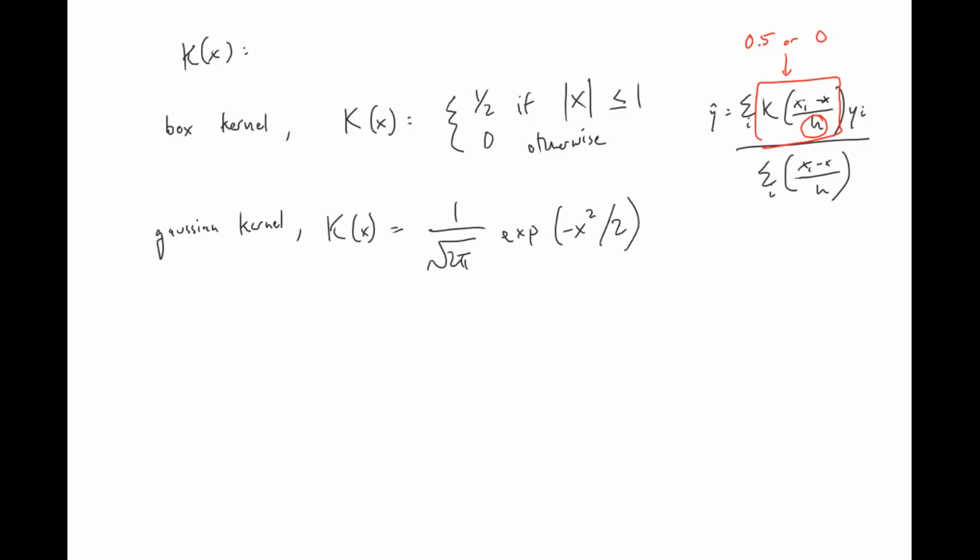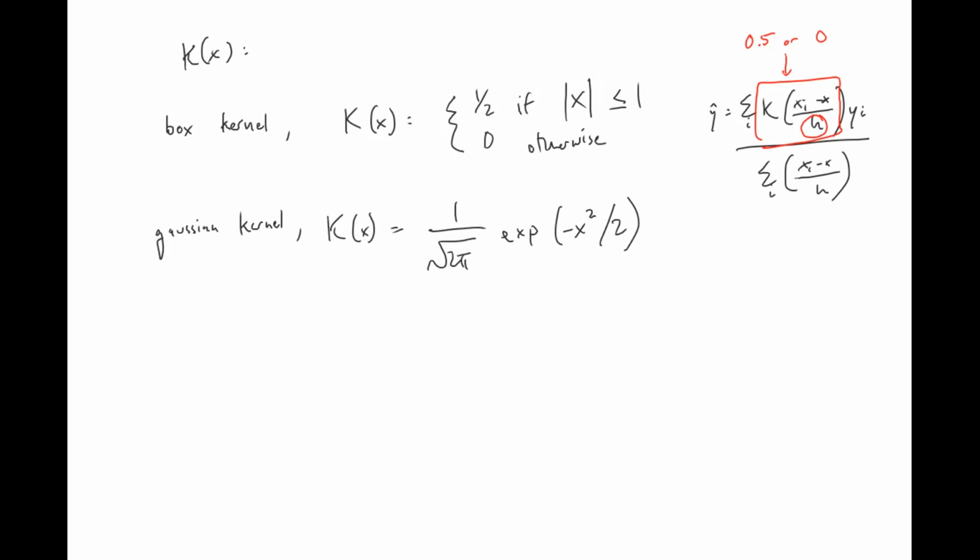So this is a normal distribution. And the way that you can think of this is that points that are closer to the x of interest will have a high value, and then they will fall away in the shape of sort of a normal distribution as you get farther and farther away from your bandwidth.